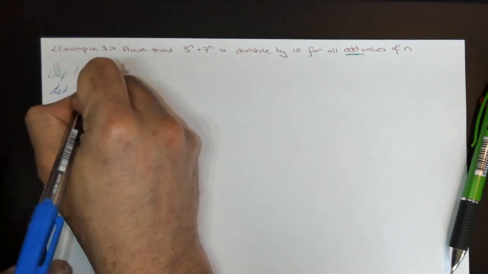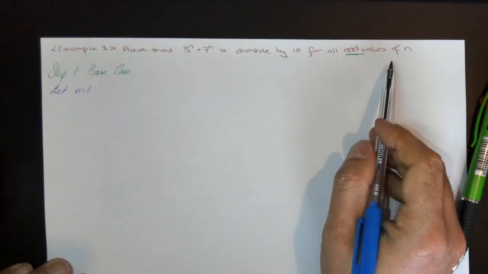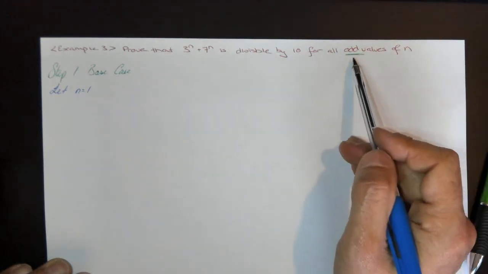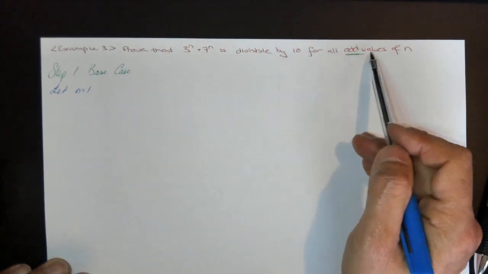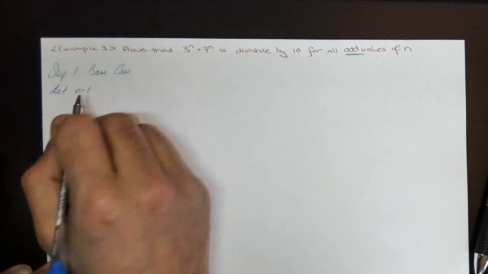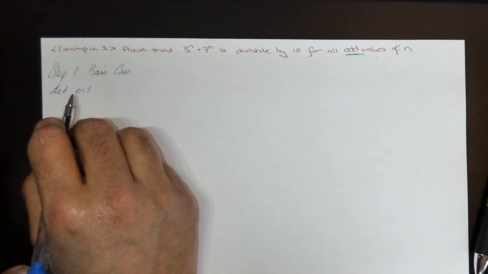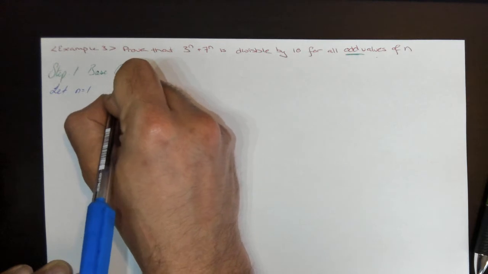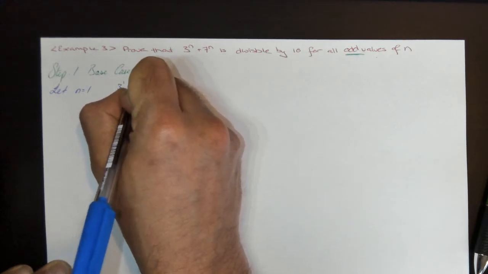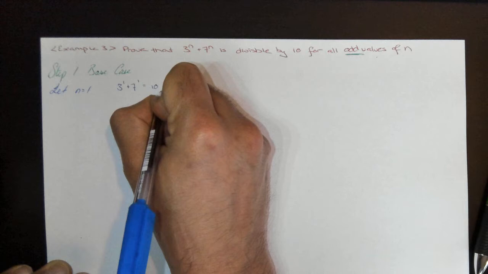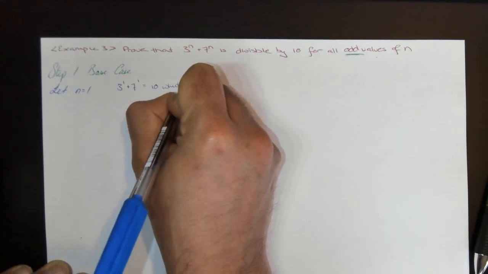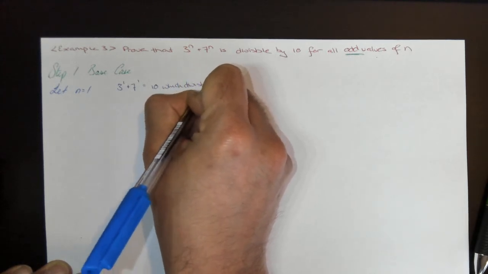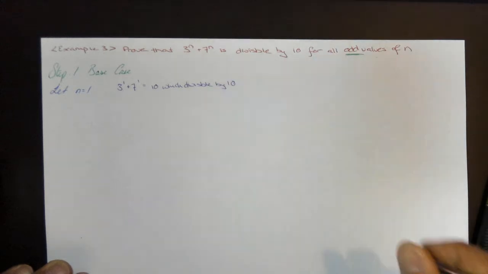I'm going to still let n equals 1, because the first value is 1, and 1 is an odd value. So in this situation, n will be equal to 1. We get 3 to the power of 1 plus 7 to the power of 1, which is 10, and that is divisible by 10.